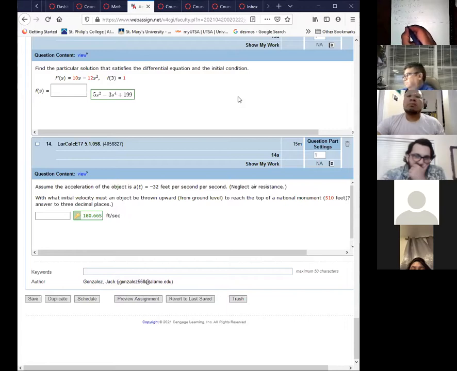Technically, it should be seconds squared. Oh, they said second per second. I guess that's true. It just sounds weird. Okay, and they give us a what? 510 feet is the top of the national monument.